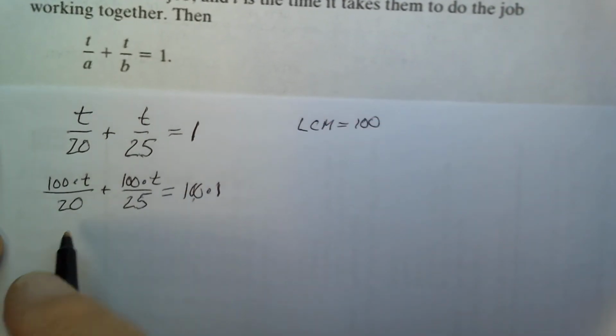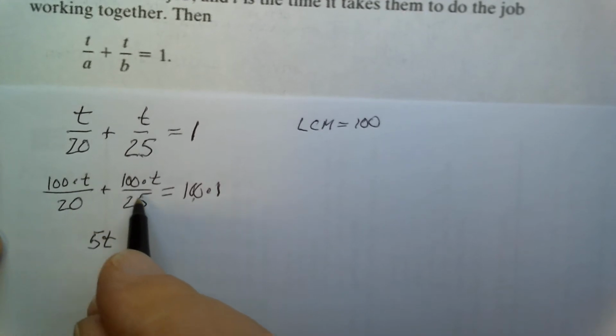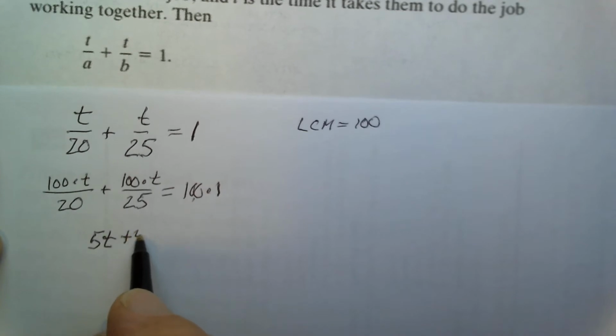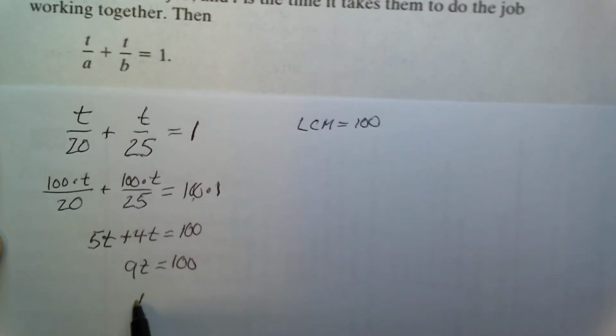Then we cancel the 20 against the 100, which gives us 5T, and the 25 against the 100 gives us 4T. That equals 100, and 4T plus 5T is 9T, equals 100. We divide by 9 on both sides, so T equals 11 and 1/9 of an hour.